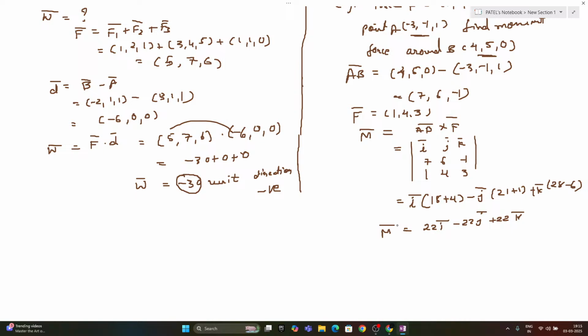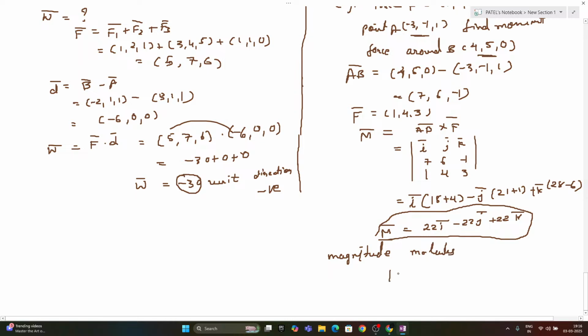If they ask the magnitude of moment of force, then only you have to find out the modulus. Otherwise, you have to stop here. Okay, if they say magnitude or modulus, then only you have to find out the mod of m bar.